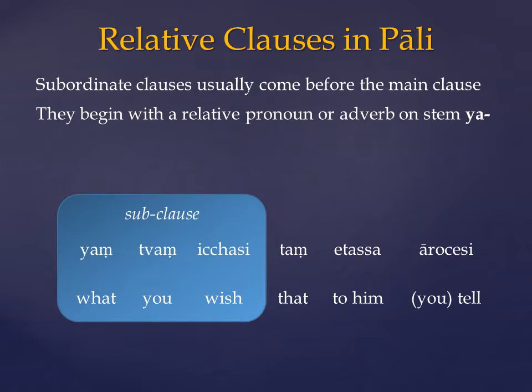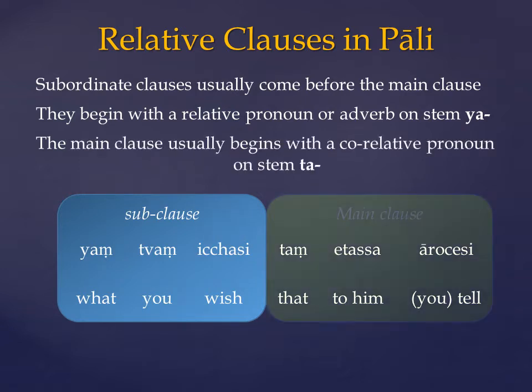And in Pali, relative terms are formed on the stem ya. In English, relative pronouns have a similar form to interrogative pronouns, who, where and when, etc. But in Pali, relative terms are on a separate stem. Interrogative pronouns are formed on ka, whereas relative pronouns are formed on ya.